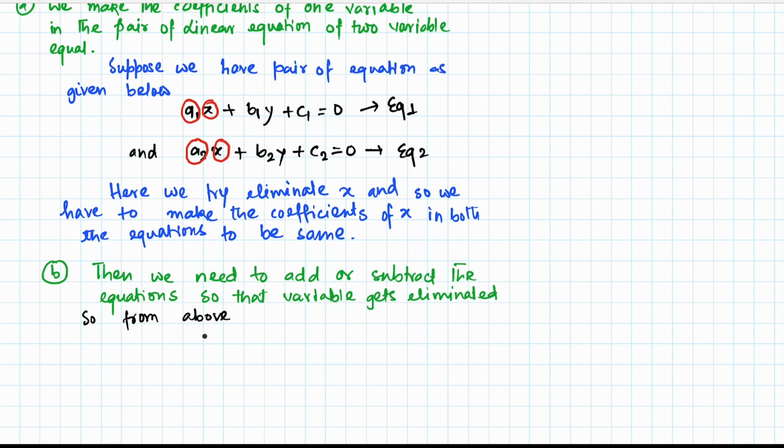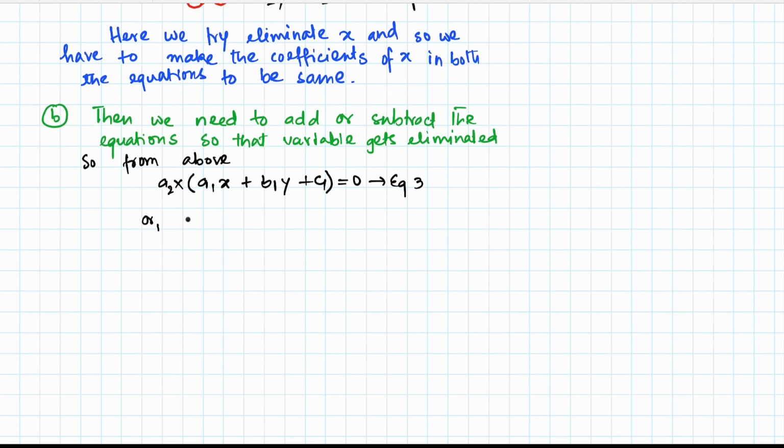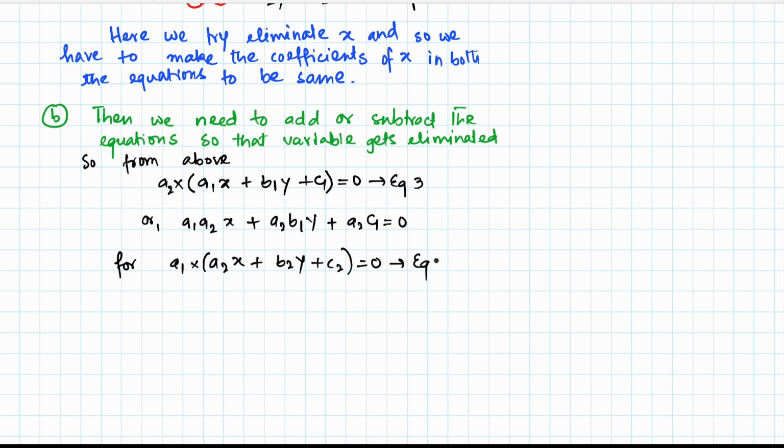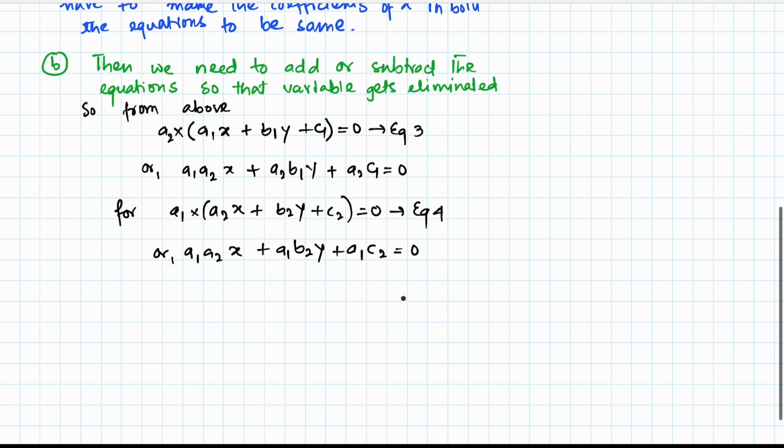From the above equations, we multiply equation 1, a1x plus b1y plus c1, by a2, and that becomes equation 3, using the distributive method: a1a2x plus a2b1y plus a2c1. For equation 2 we multiply by a1, so the equation becomes a1a2x plus a1b2y plus a1c2.